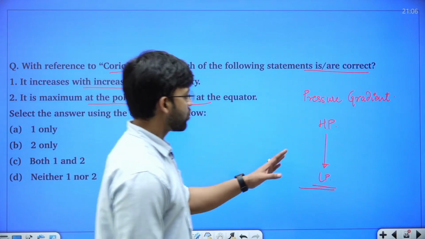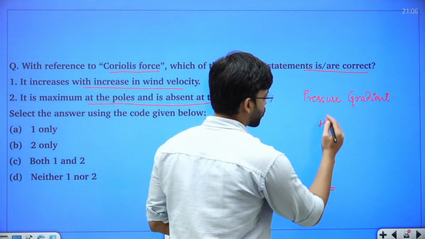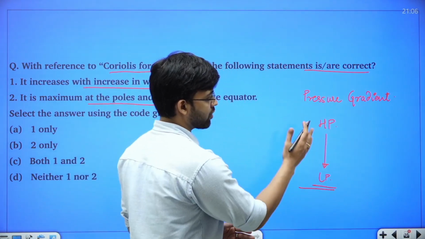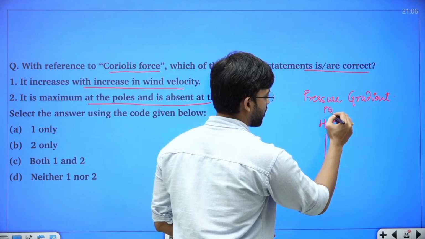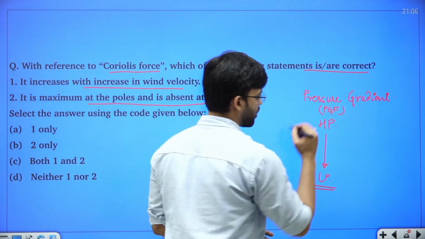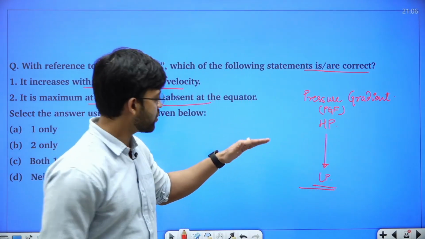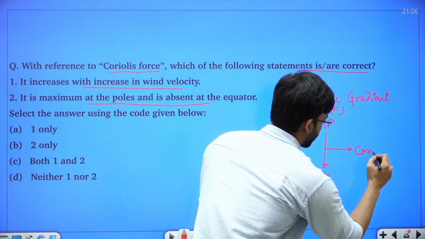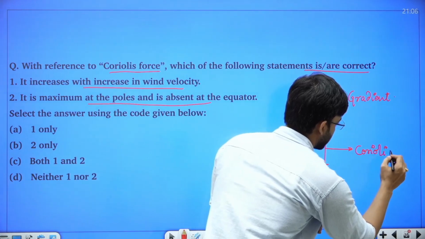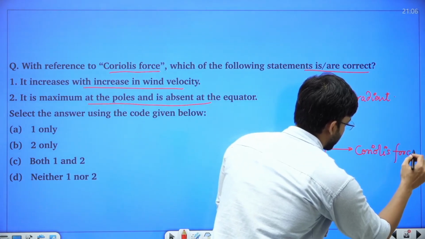Now if wind is flowing, the force acting upon this pressure gradient is known as PGF, pressure gradient force. And Coriolis force is perpendicular to this PGF.